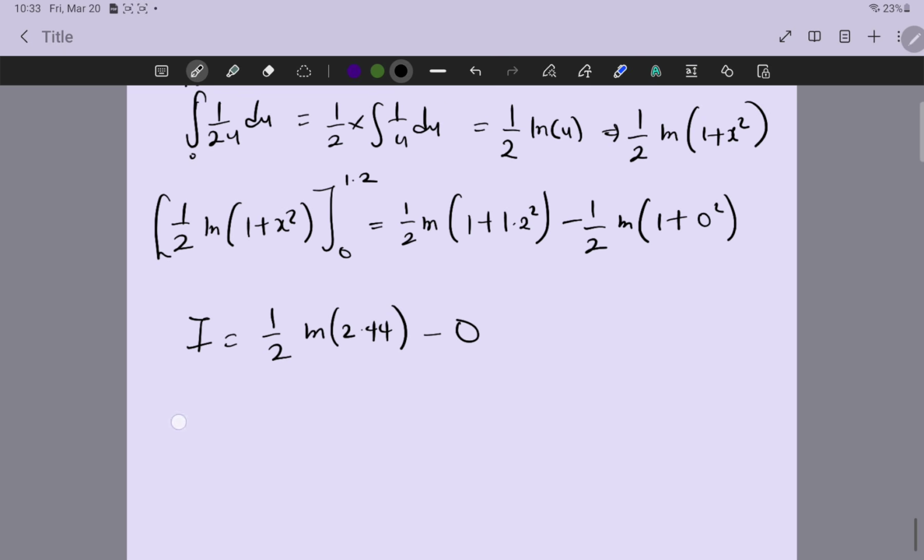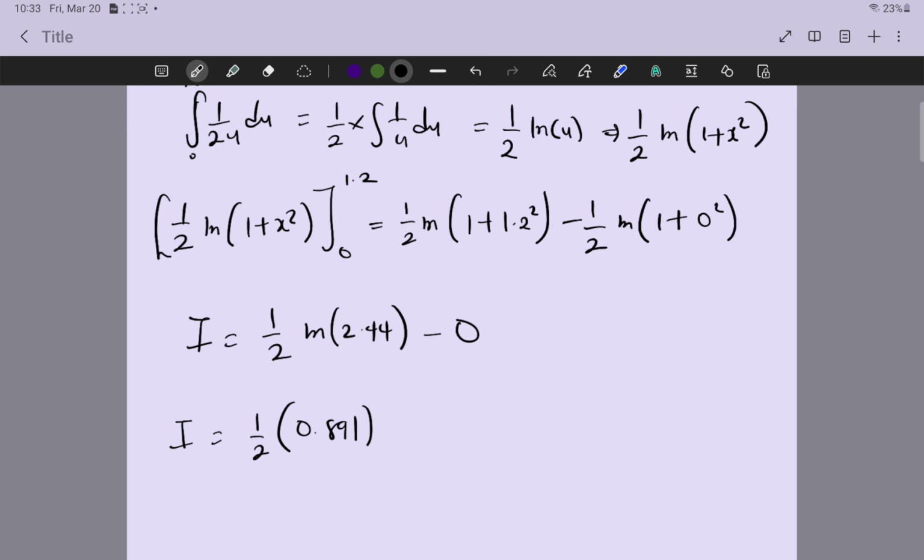So I is equal to, what is ln 2.44? Let's confirm that. ln 2.44 computed is 0.891. So 1 over 2 times 0.891.